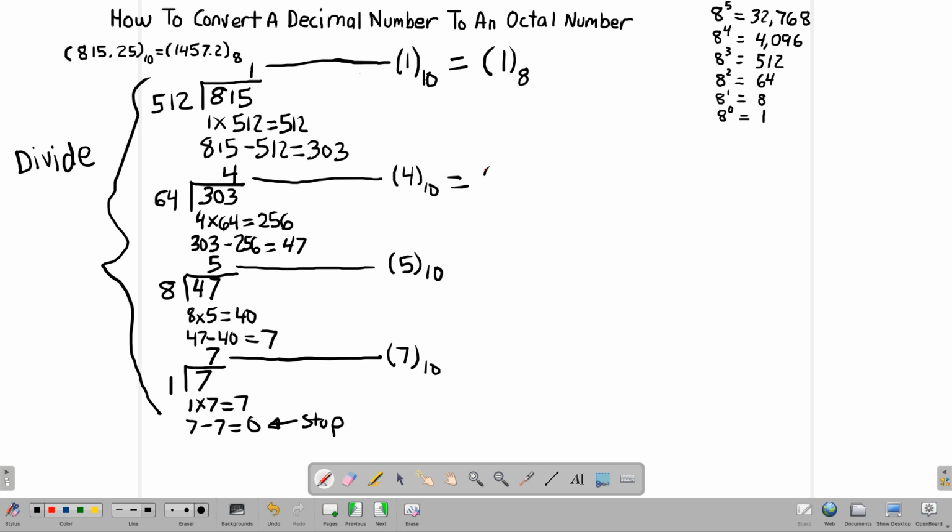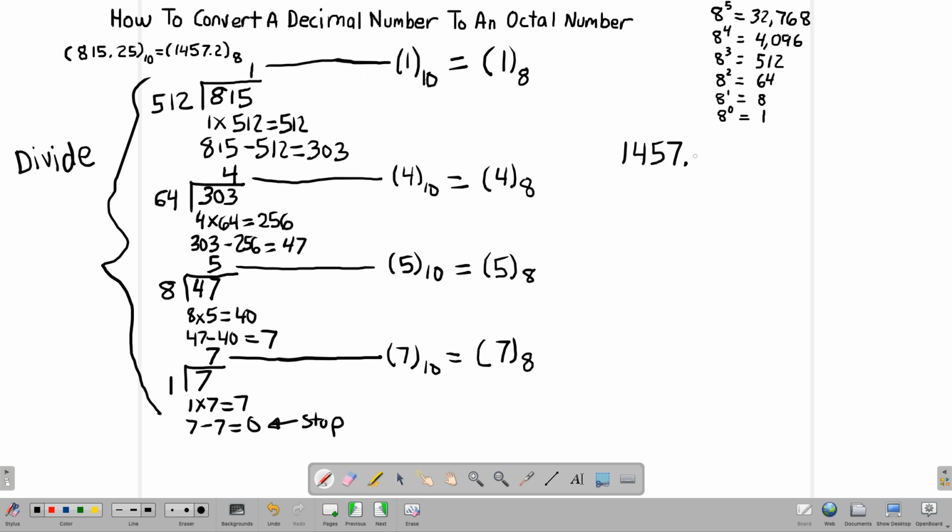If we convert 4 in the decimal system, it's also 4 in octal. When we convert 5 in the decimal system, it's also 5 in the octal system. And when we convert 7 from the decimal system, it's also 7 in the octal system. So at that point, we have our 1, 4, 5, 7, and this is in octal.